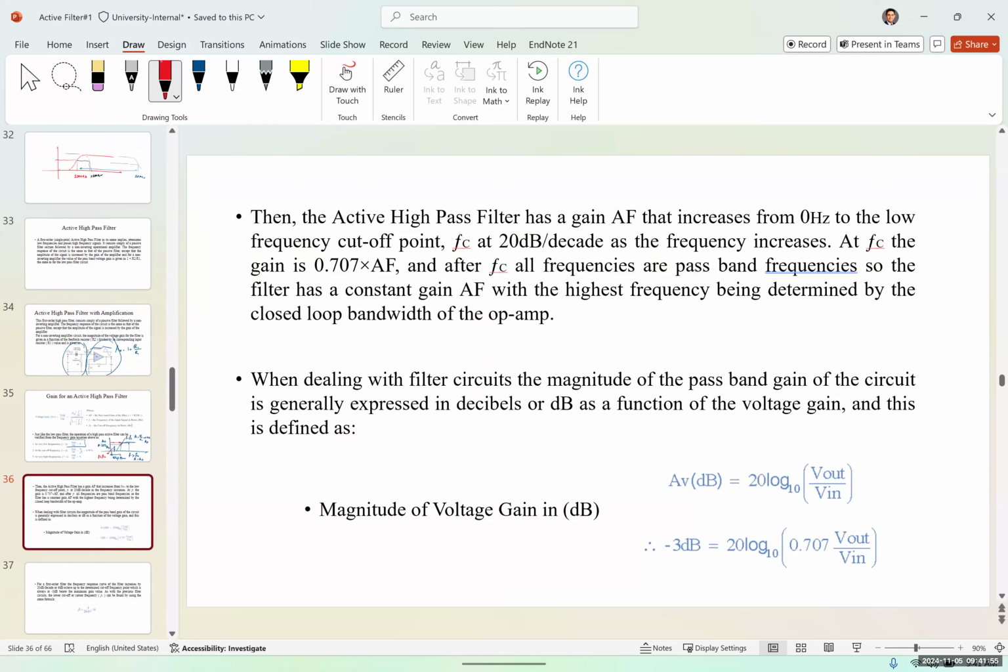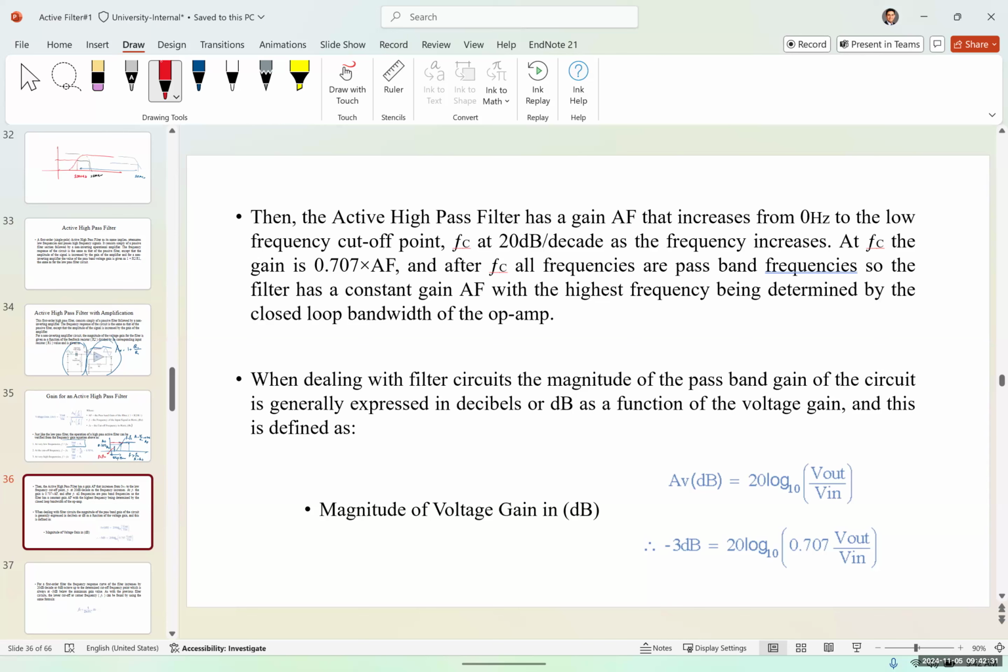We usually calculate gain in dB, and the gain in dB is going to be 20 log of V out over Vin. The cutoff frequency is going to be negative 3 dB, or 20 log of 0.707 V out over Vin. Since this is a first order active high pass filter, the gain rolls off at 20 dB per decade.